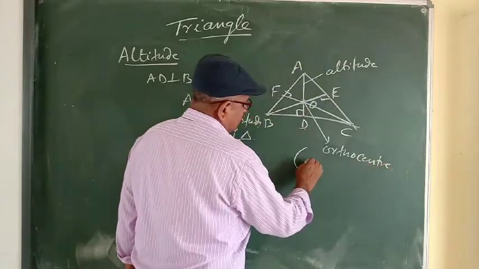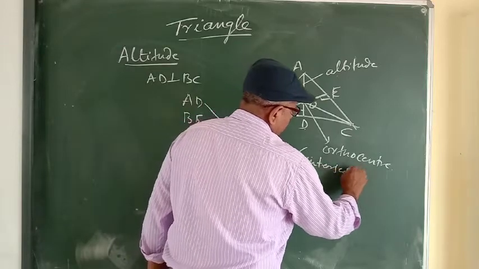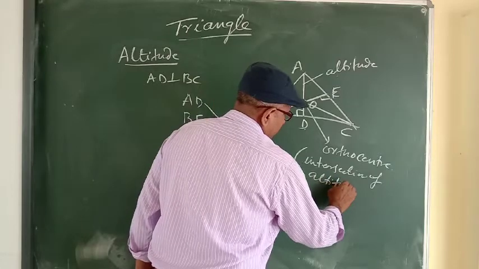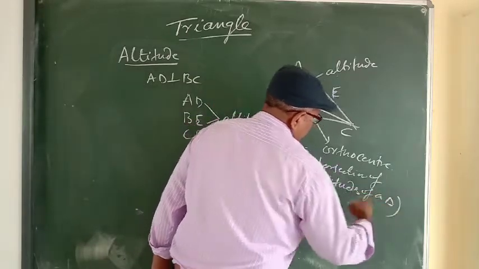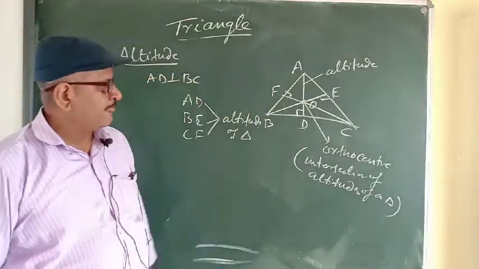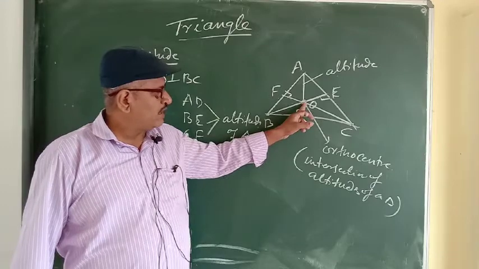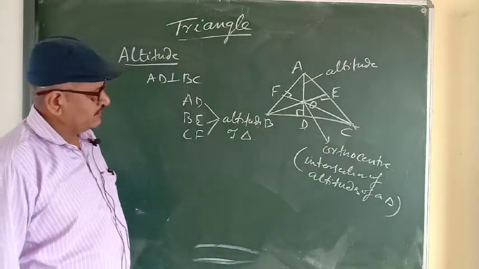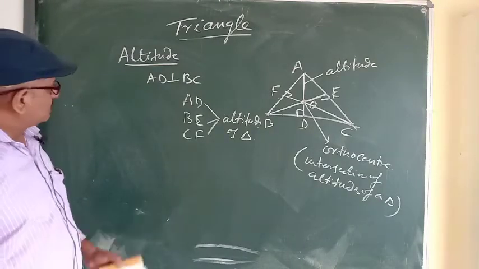Orthocenter means intersection of altitudes of a triangle. All these three altitudes, all these three heights meet at point O. This point O is called orthocenter. So this is about altitude of the triangle.